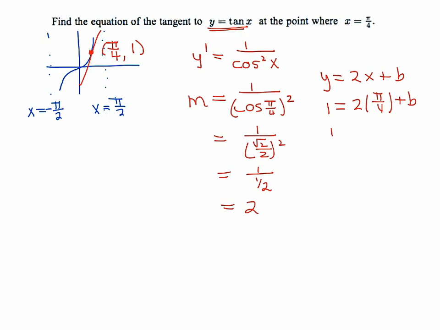Simplifying, we have 1 equals pi over 2 plus b. Solving for b, we have 1 minus pi over 2 is equal to b. Sometimes they are in fractions, and if you are not allowed to use a calculator, leaving the b in terms of this is totally fine. Final solution would be y equals 2x plus 1 minus pi over 2.